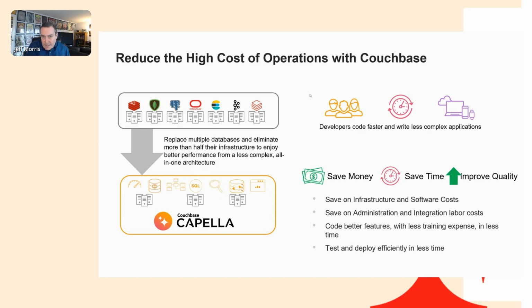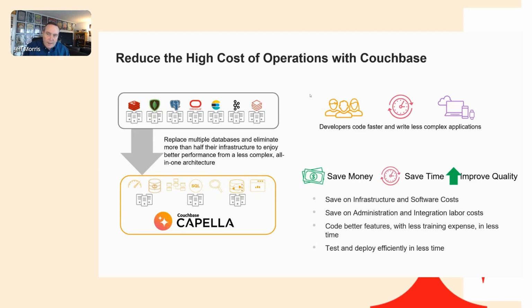There's one for being an in-memory key value store, one for being a document store, one for being a SQL store, one for being transactional, one for being search, one for being streaming, one for being large-scale analytics, right? All of those can ultimately be replaced or drawn down and eliminate more than half of the infrastructure, because most of those are carrying 3 copies of the data, 3 instances or nodes minimum of each one of those systems to serve a singular application.